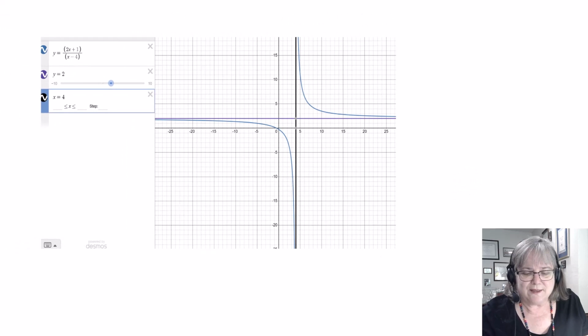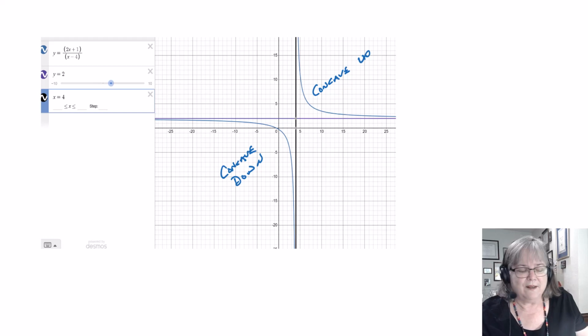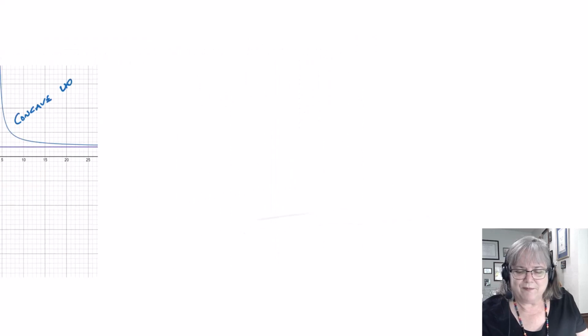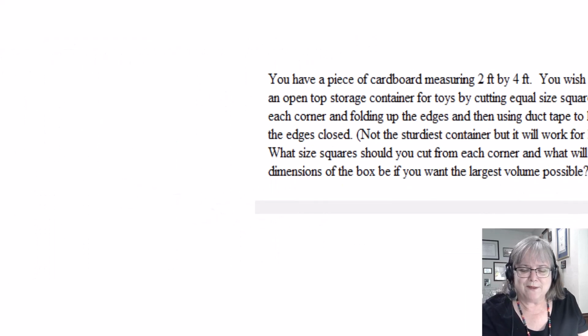So you can see that it's concave down on this side, so it's concave down and decreasing. And this is concave up and increasing. Or did I say increasing and decreasing? If I said increasing, I'm terribly sorry. All right. Now, your absolute favorite.